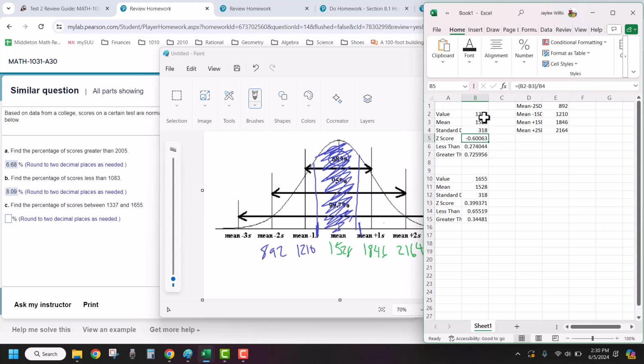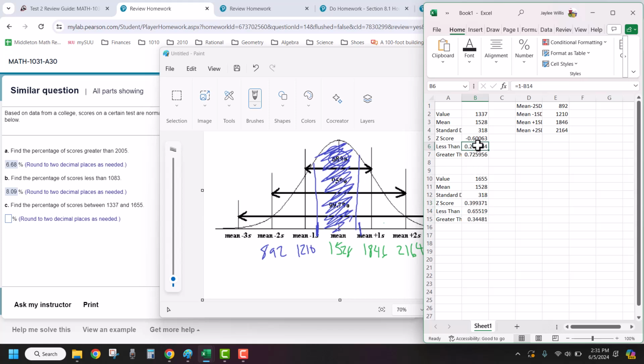For the 1337 number, it is a negative z-score, which means it's below the mean. And it's 0.6, which is what we predicted because it's not a full standard deviation below the mean. The z-score for the 1655 is also about what we predicted because it's above the mean, so it's positive, but it's not a full standard deviation above, and so that's why it's 0.399.